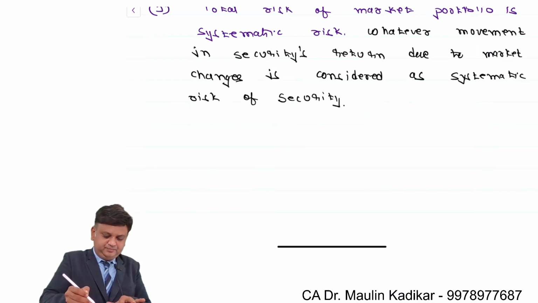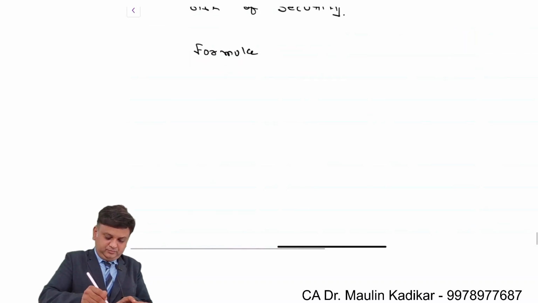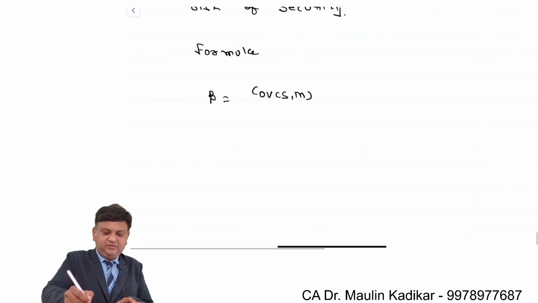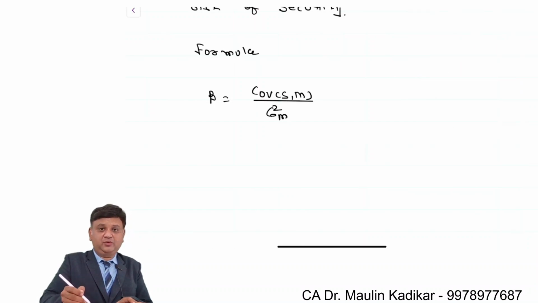Formula: beta is equal to covariance of the security with market divided by variance of the market portfolio.